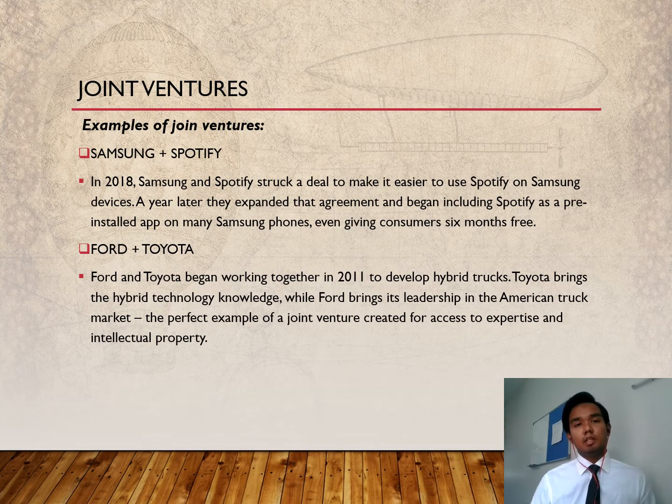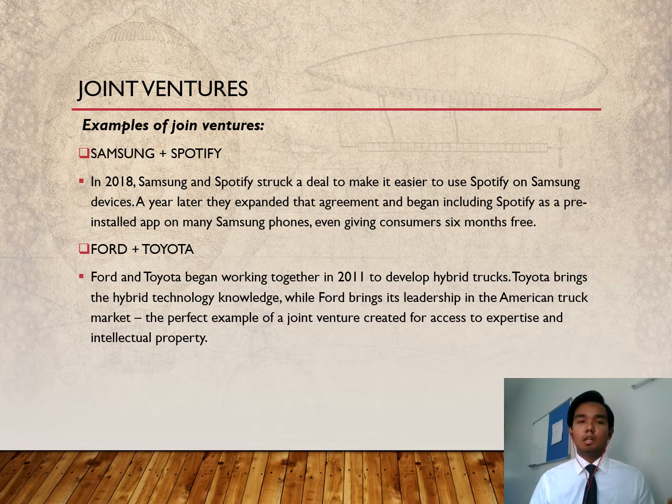So, what is an example of a joint venture? An example of joint venture is Samsung and Spotify. Samsung had a strong idea to make it easier for Samsung users to use Spotify. By doing so, they can expand their network, and the software is already installed in the Samsung phone. And the second one is Ford and Toyota.